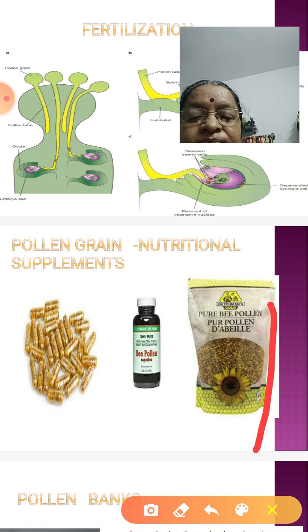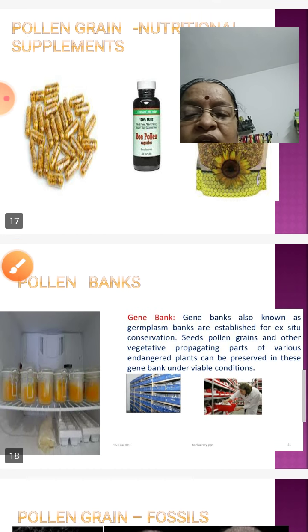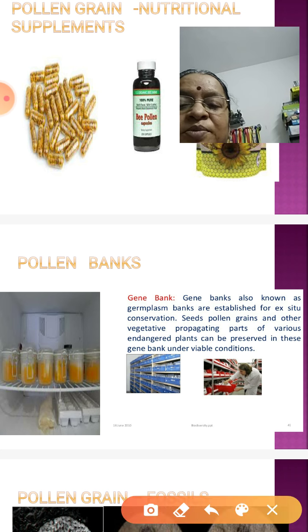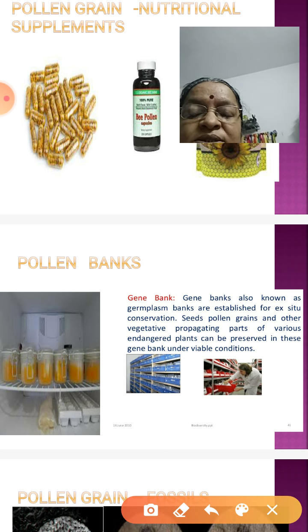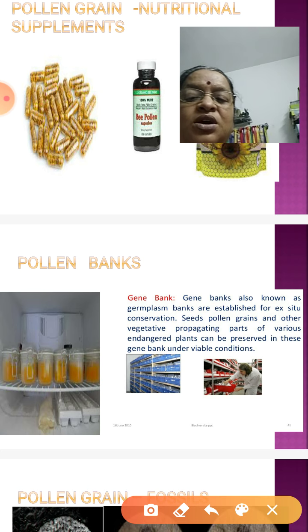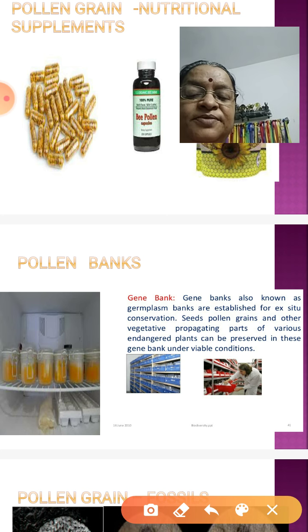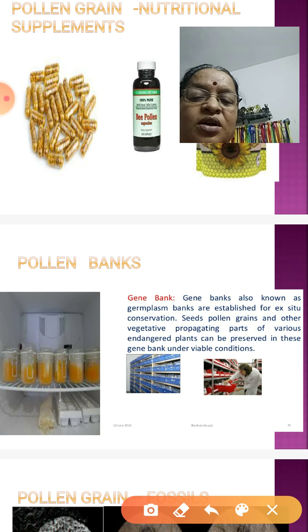And then we come to know about the pollen banks. Pollen banks, like gene banks, store the pollen grains in very cold conditions, like in liquid nitrogen. They can be stored for a very long number of years.